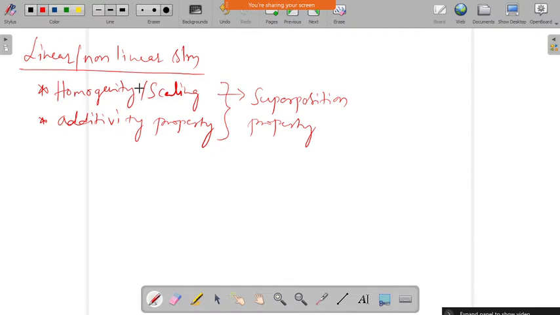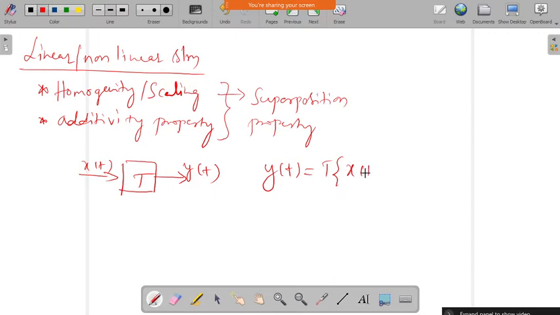Now what is meant by homogeneity property? Let's say we have the system T, with input x of t and output y of t. So we can write y of t is T of x of t; the system operator T operates on x of t.